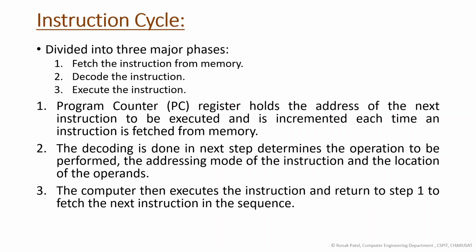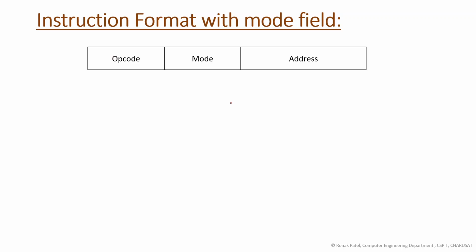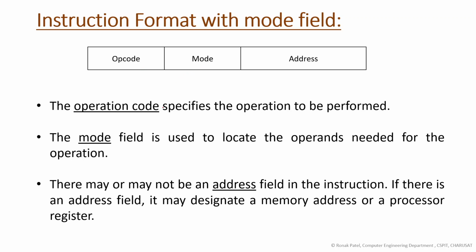Then let's see the instruction format with mode field. We have opcode, mode, and address. The operation code, opcode, specifies the operation to be performed, which operation you need to perform. The mode field is used to locate the operands needed for the operation.